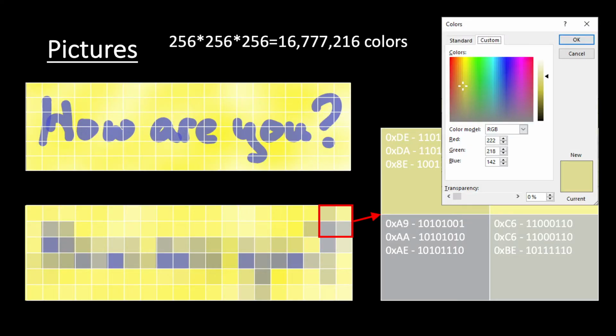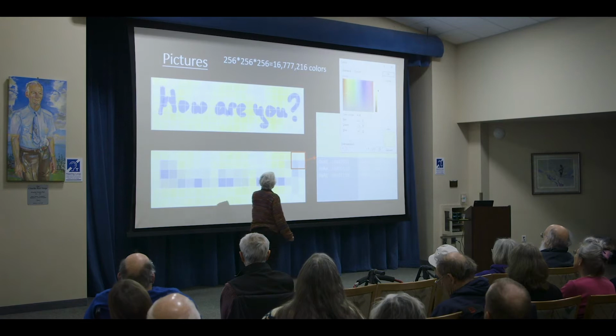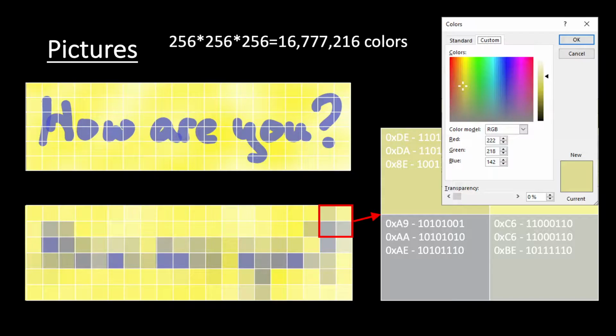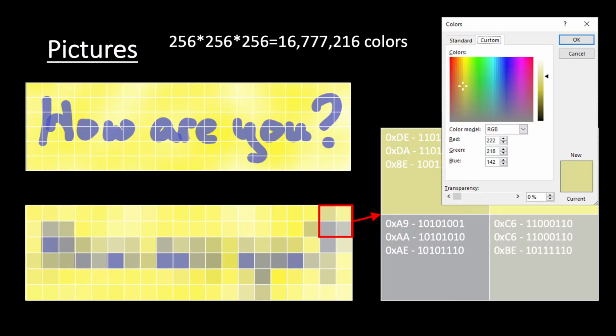In that upper right corner, if I wanted this color, in terms of red, green, blue, I would need red to be 0, 1, 1, 0, 1, 0, 1, 0, and green 0, 0, 1. And blue, I would need 1, 0, 1, 0, 1, 1, 1, 0. So that takes 24 bits for every pixel.